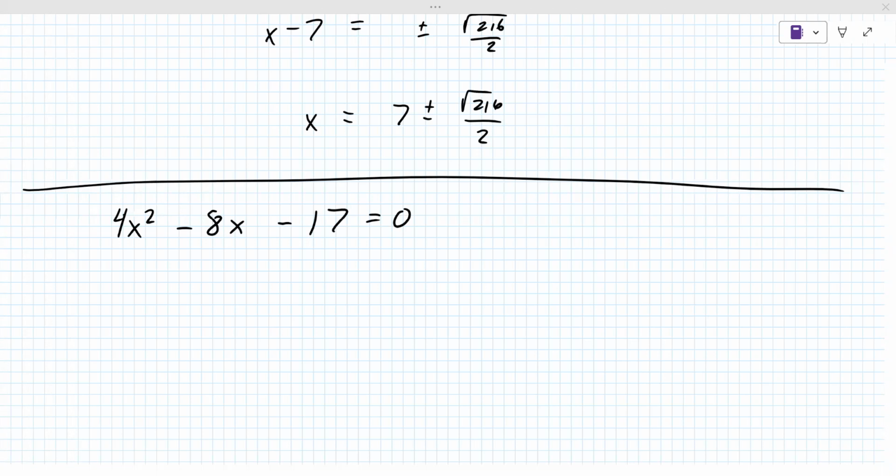So 4 times x minus 1 squared equals 18. Divide by 4. x minus 1 squared equals 18 over 4.